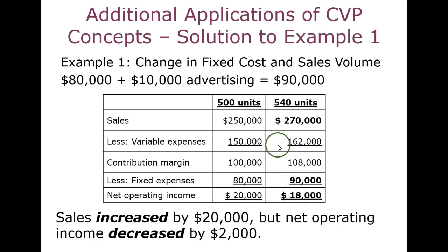At first it looked great. Sales went up $20,000. But since we had to pay more for fixed expenses to sell more units, we did not cover enough in the increase in contribution margin to cover the $10,000 extra we spent in fixed expenses. So $18,000 is lower than 20, so you might not want to do this.